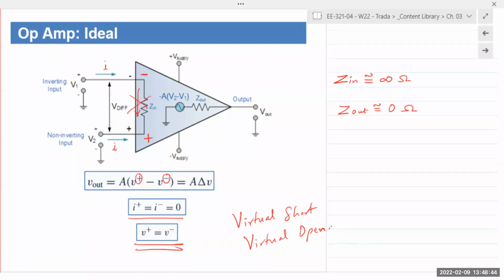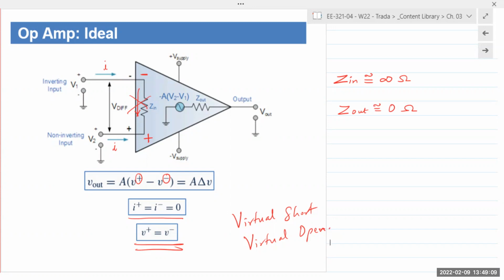It's not a condition as much as an assumption. Mostly it's called virtual short, but at the same time, you could also say it's virtually open. Yeah, both of them would be valid. I know it seems contradictory, but both are valid at the same time.